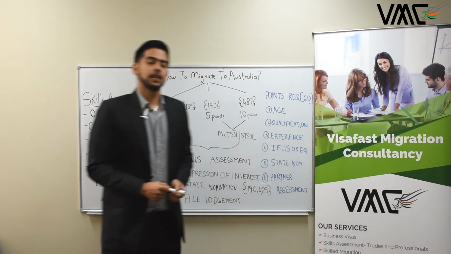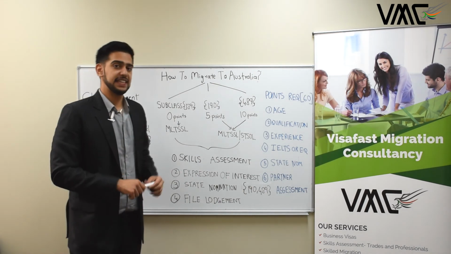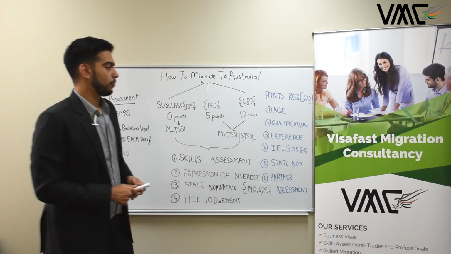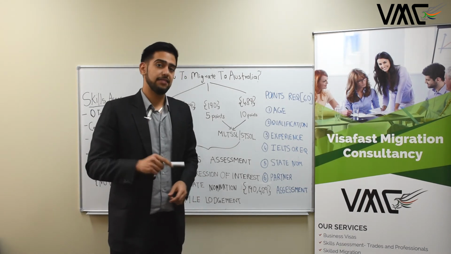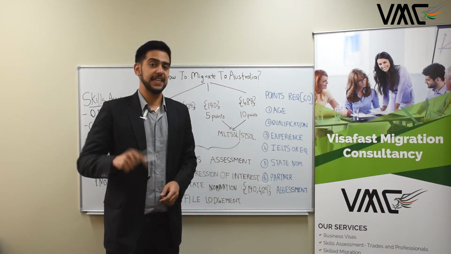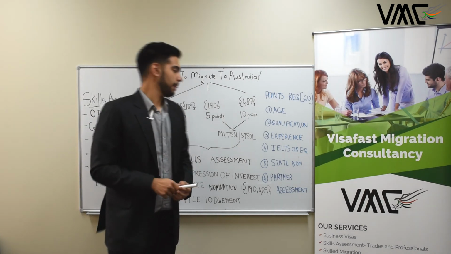IELTS: if you have 6 in each, which is the basic requirement for any PR visa in Australia, you unfortunately get no points. But if you get 7 in each or equivalent, or 8 in each or equivalent, you'll get 10 to 20 points respectively.